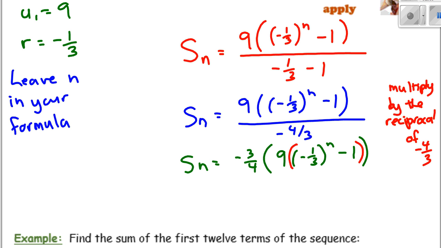You could maybe take it further, one more step. You could potentially just do this times that, -3/4 times 9. So what's -3/4 times 9? 27 over 4, yeah, that's good. Looking pretty messy, so just showing you what's possible.